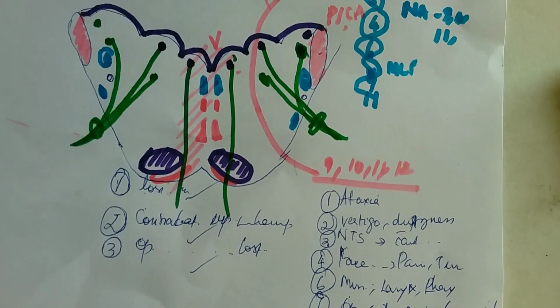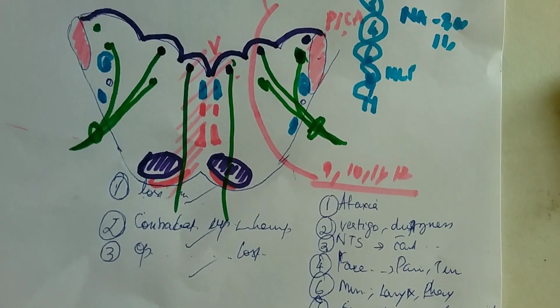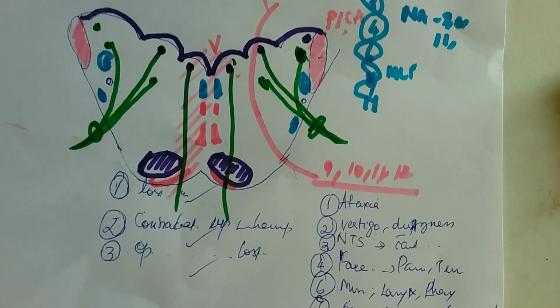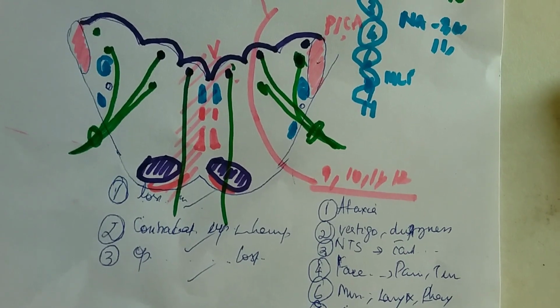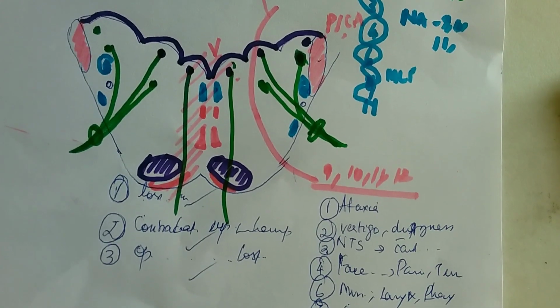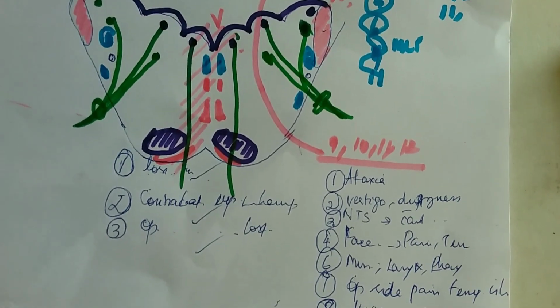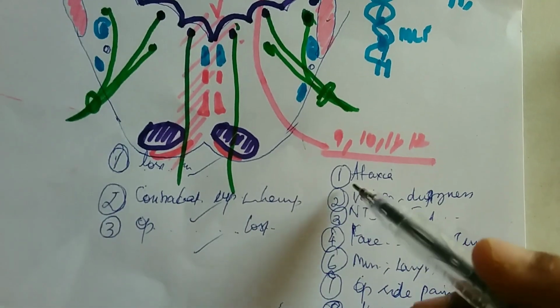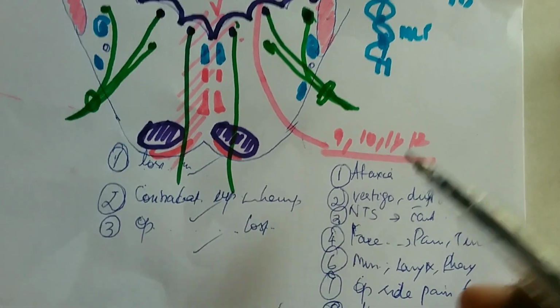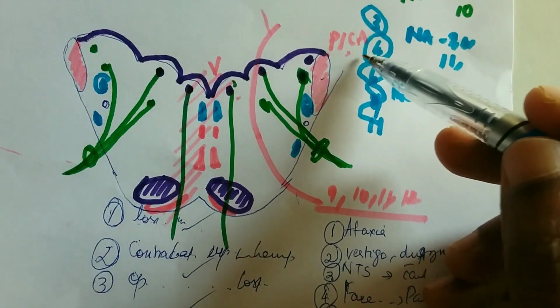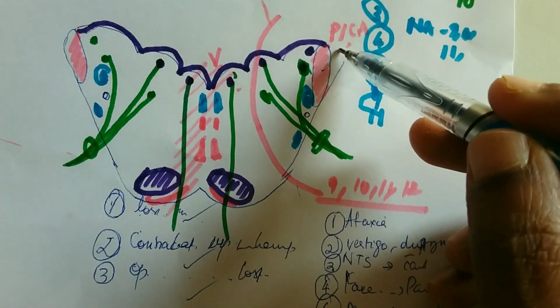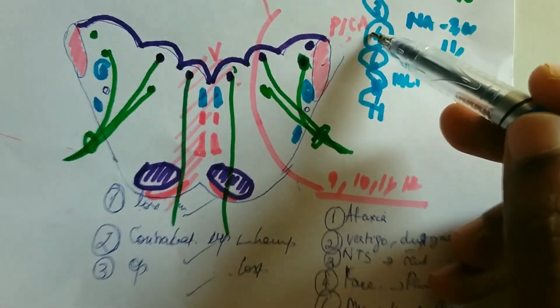It is gone, so the eyeball will not be getting its support, so it will be going inside, that is called enophthalmos. And loss of ciliospinal reflex. These all are the components of the Horner syndrome. So these many symptoms the student is supposed to write, and then this is otherwise called Wallenberg syndrome.